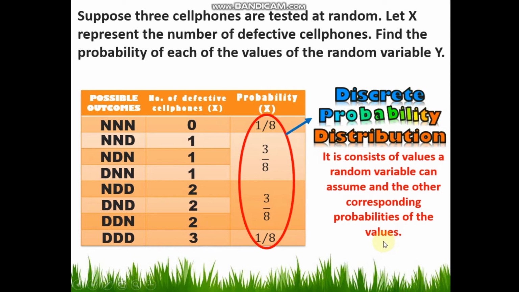So, in short, a discrete probability distribution is the probability of each random variable. Okay, so we have 0, so 1 over 8, 1, 3 over 8. So the numerator is the number of times it occurred and the denominator is the total number of possible outcomes. Okay? So that is the concept of discrete probability distribution.